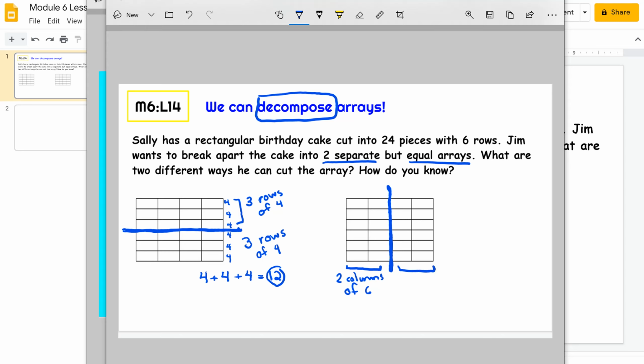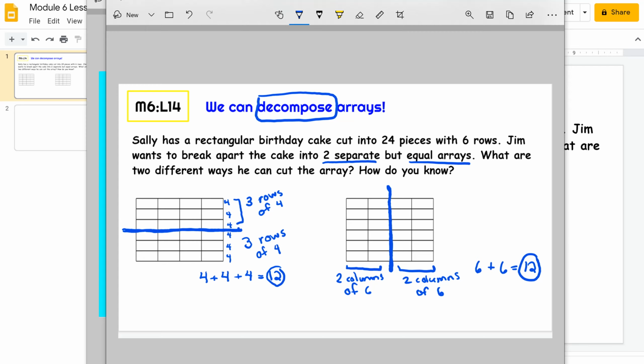And this part is also 2 columns of 6. Now to find those values, I can think about adding 6 plus 6 equals 12. Now, he has the same exact amount of cake, he's just cut it into different ways.